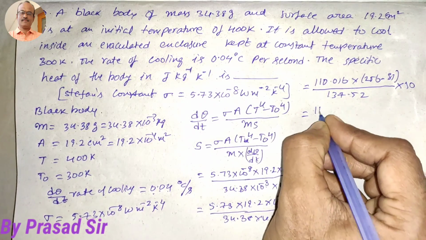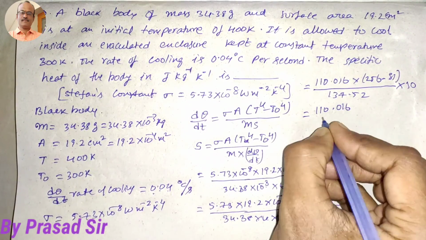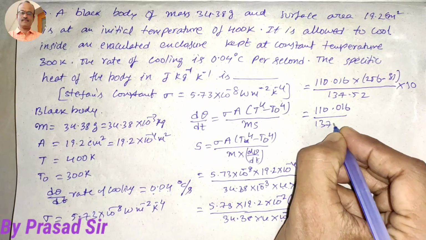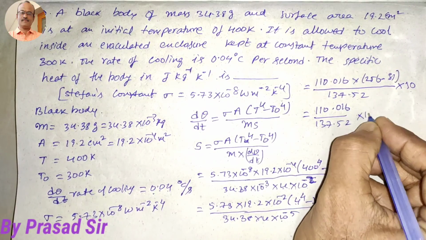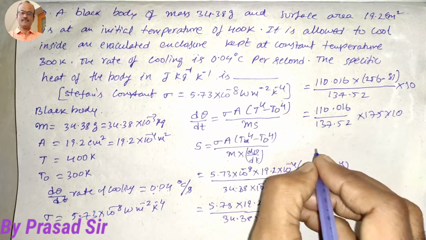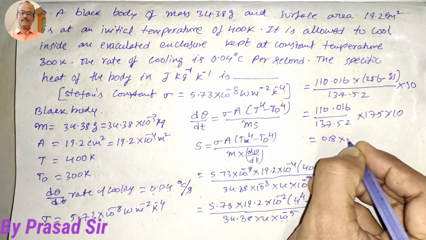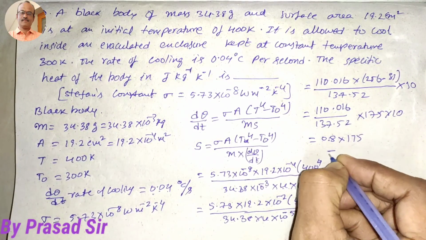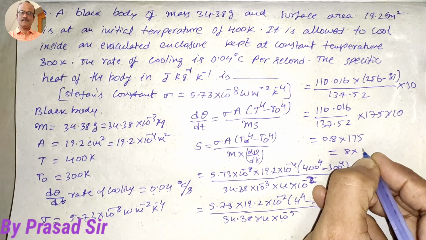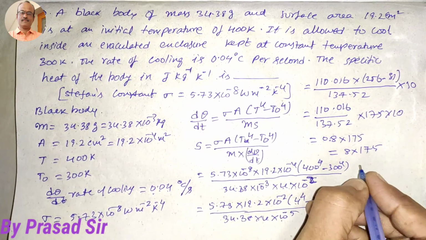So here 110.016 divided by 137.52 into 175 into 10 is equal to 0.8 into 175, which is 8 into 175.